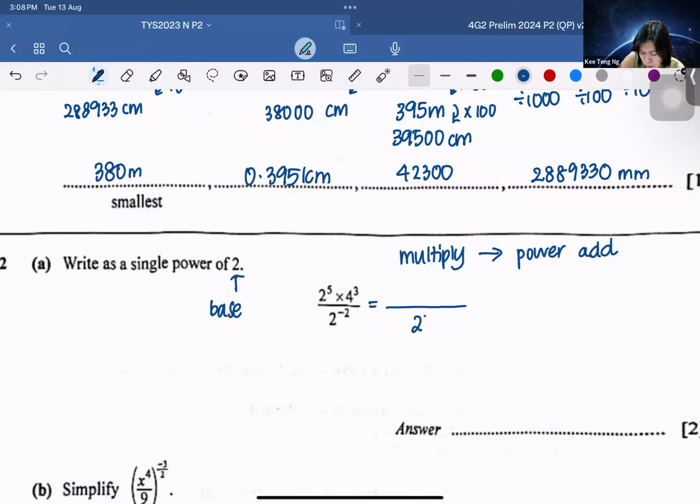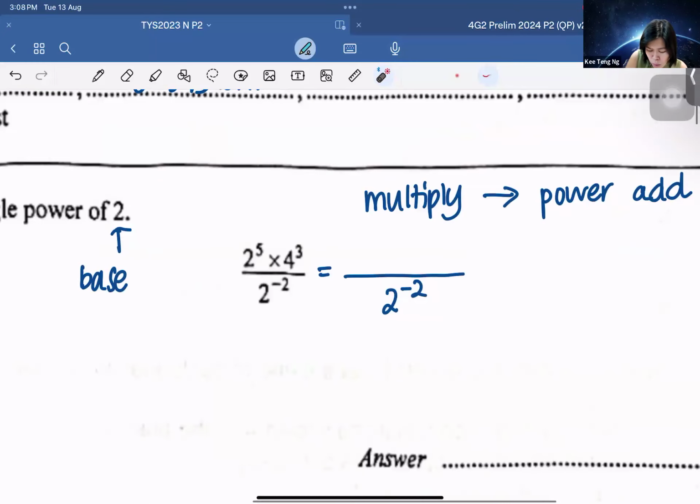So this is 2 to the power negative 2. The two powers add up together. So in this one, this will be 2 to the power of 5.